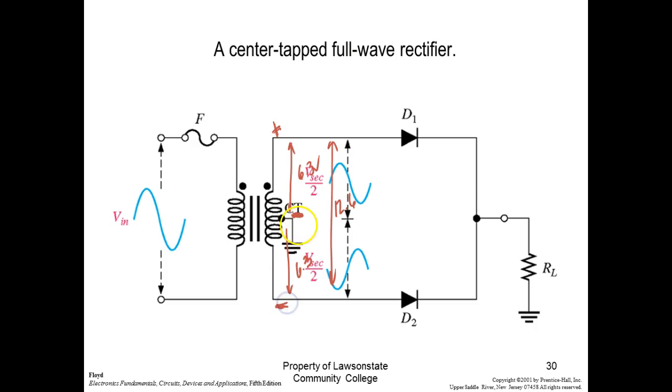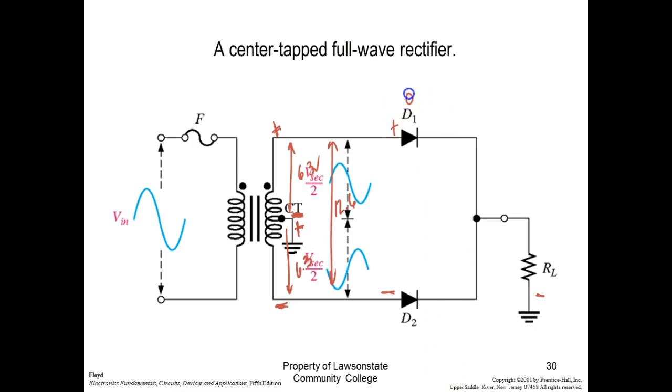If this is negative, then the center tap is positive with respect to the negative. Y'all understand that? So here I'm putting a positive. This is negative with respect to that. Right? You understand? Yes or no? On this one, I'm putting a what? Negative. And this is positive with respect to that.